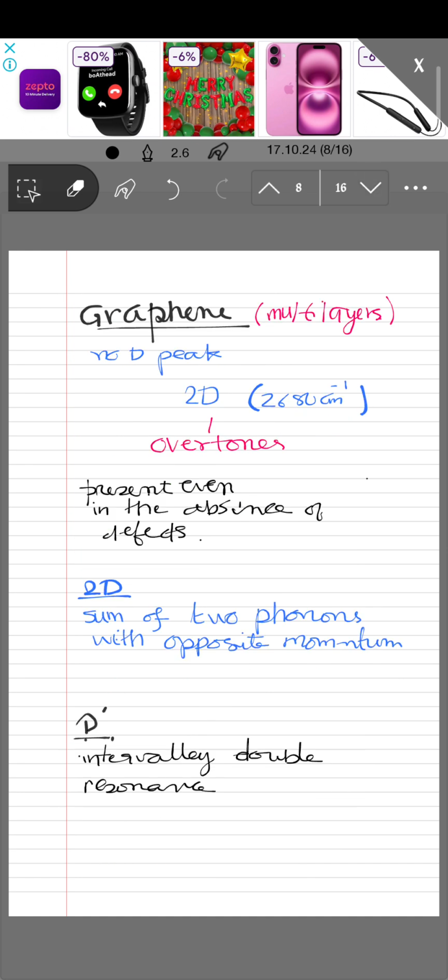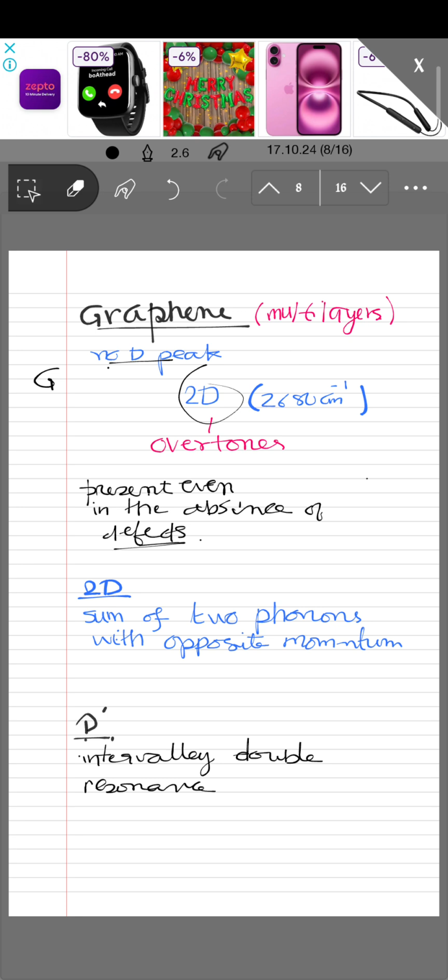So again, in graphene there are no D peaks, only G peaks, because it is less impure, and in fact there is formation of 2D peaks which are present even in the absence of defects.